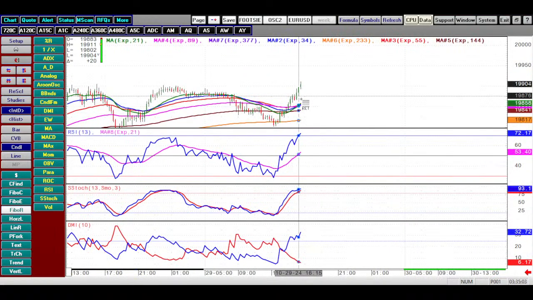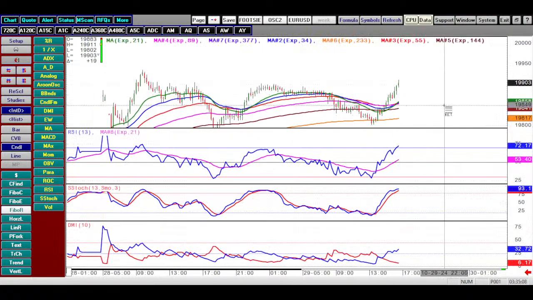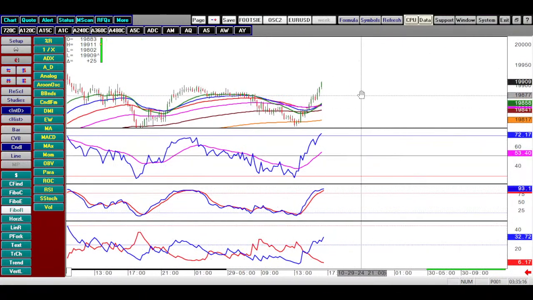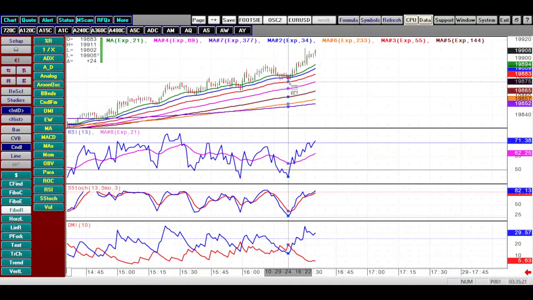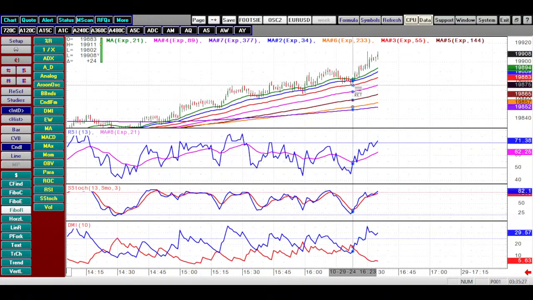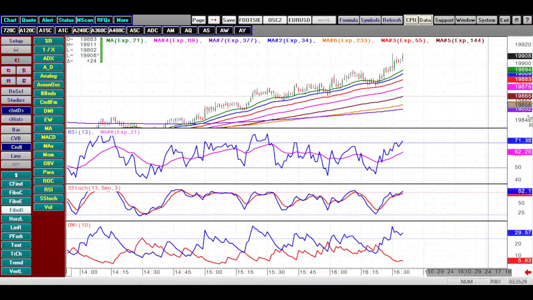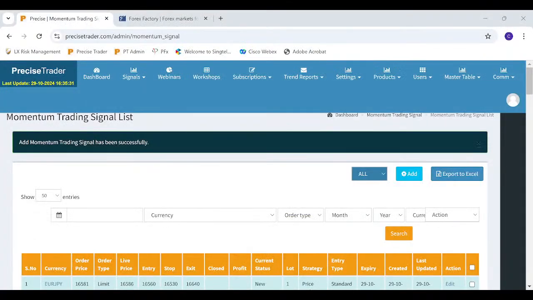Here we need to put our stop. The stop is 45, and then we'll try to enter at 75 or 80; this should be our buying level. I think we are good to go on this.